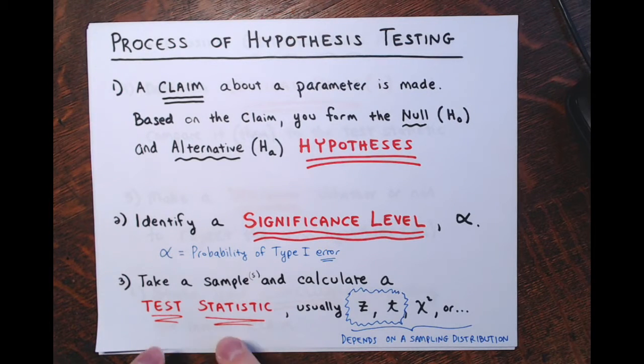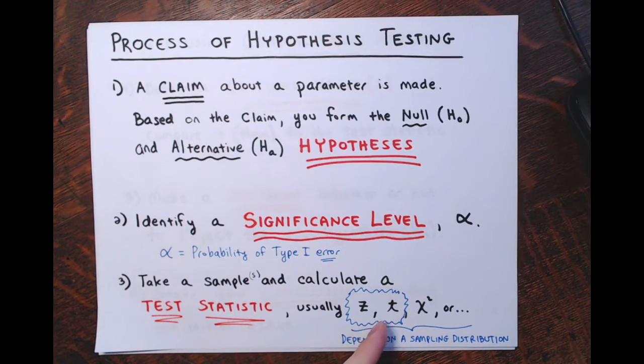For most of our Chapter 9 and Chapter 10 work, the test statistic will be either a z-score or a t-score, z or t, or something called a chi-squared. This is the Greek letter chi, C-H-I, chi-squared, or something else. Later on, you'll see other types of test statistics, not just z or t.